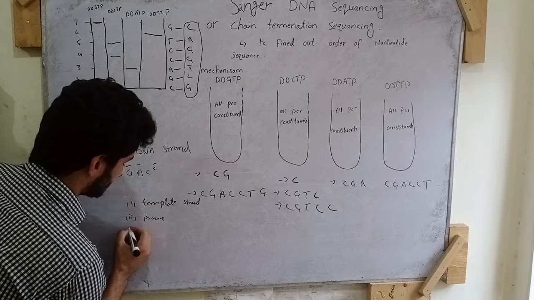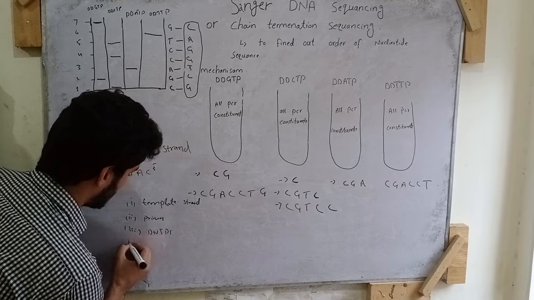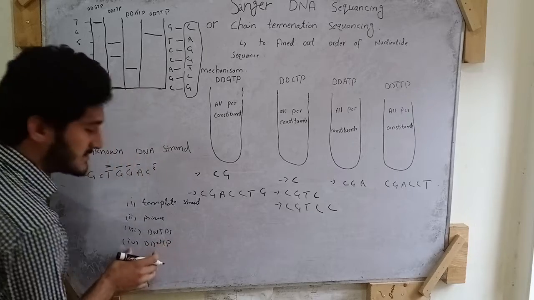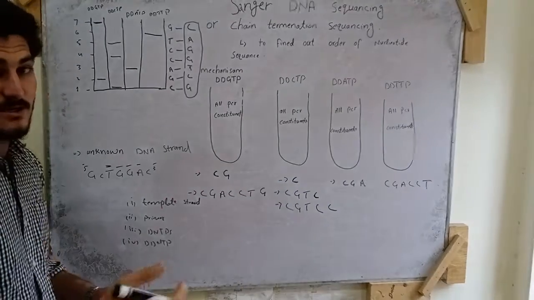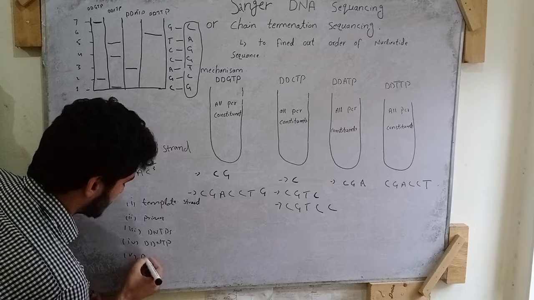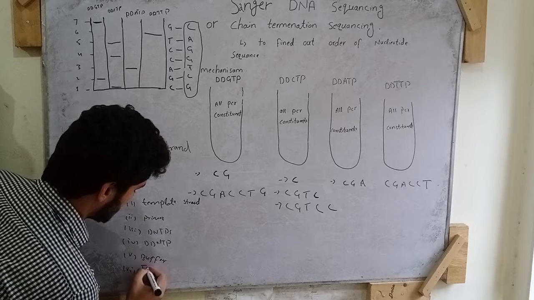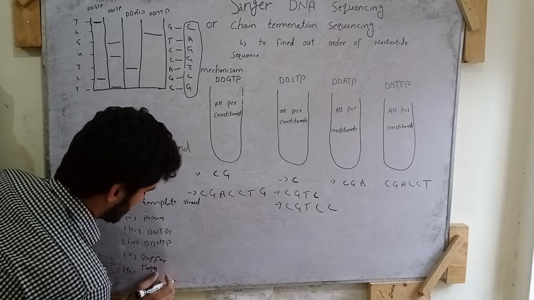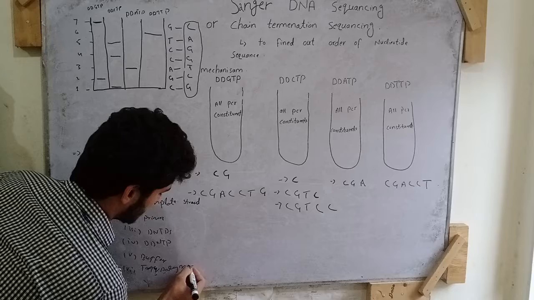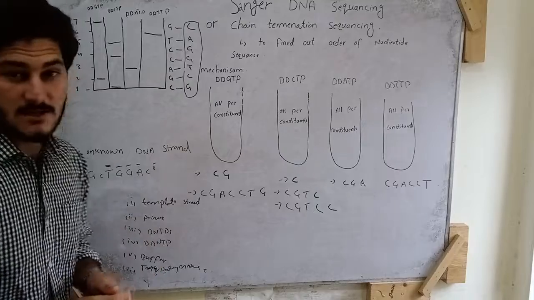The third one is dNTPs, and the fourth one is ddNTP. ddNTP stands for dideoxynucleotide triphosphate. A buffer solution is also required. And the last one is Taq polymerase. These are all the constituent parts of Sanger DNA sequencing.